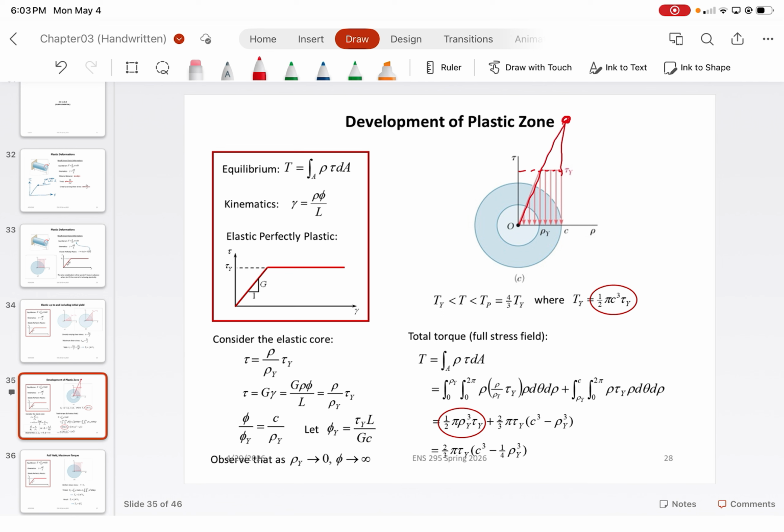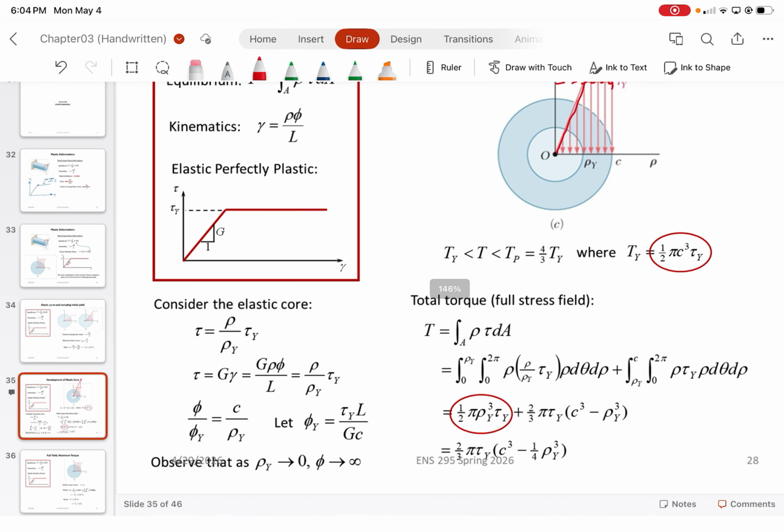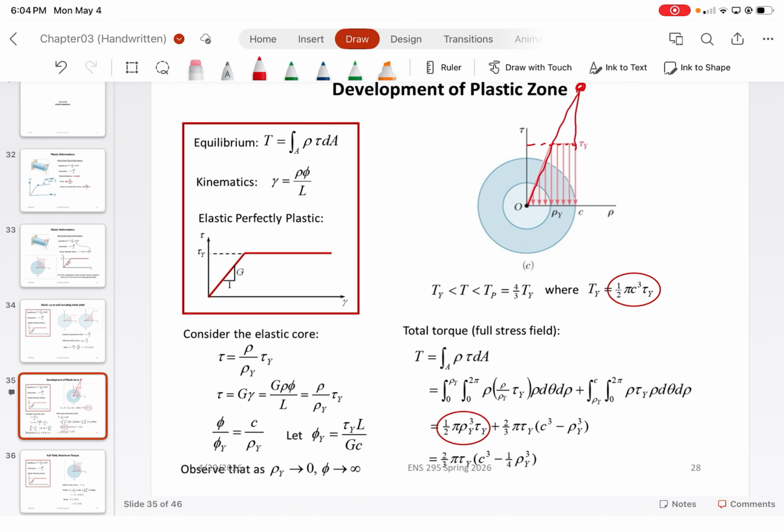What we would ultimately find, once you perform the integral and take antiderivatives with respect to both the angle of twist and the radius, is that the total torque at which full stress occurs would equal 2/3 times pi times whatever the shear yielding stress is, multiplied by the outside radius cubed minus 1/4 of the yielding radius, where the yielding radius would be the radius at which yielding starts, all right?